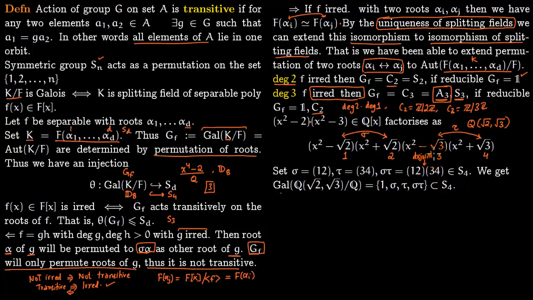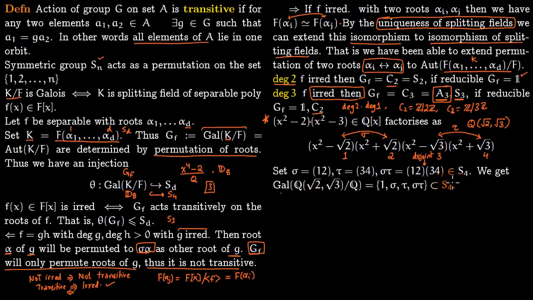And that is precisely what we used in the proof right here. These roots cannot be permuted throughout. Minus root 2 and plus root 2 cannot be interchanged with minus root 3 and plus root 3. This we had discussed before. And therefore you get the Galois group as just generated by sigma and tau, which is a subgroup of S4.